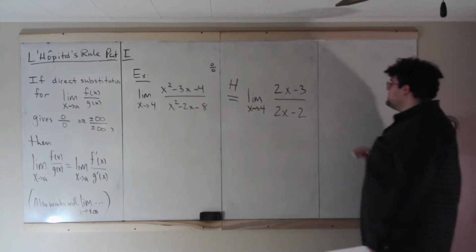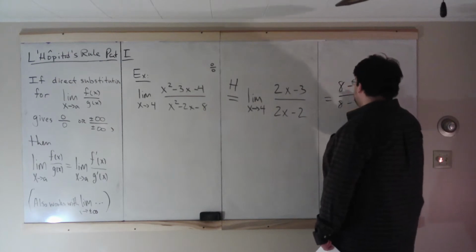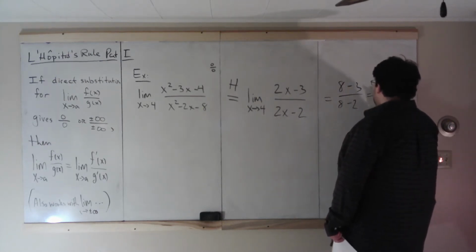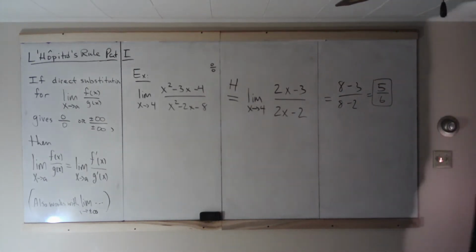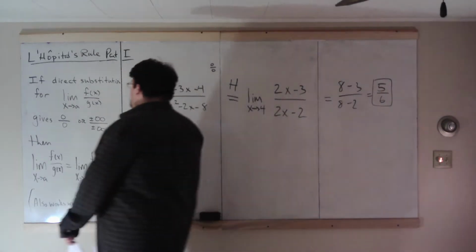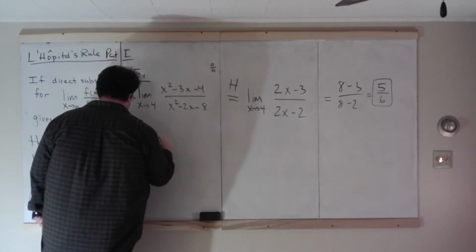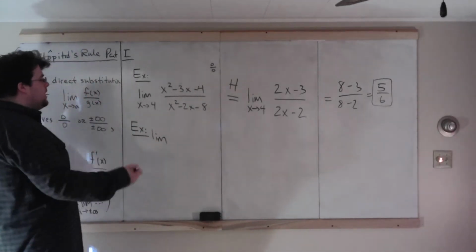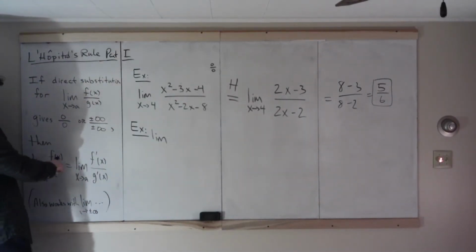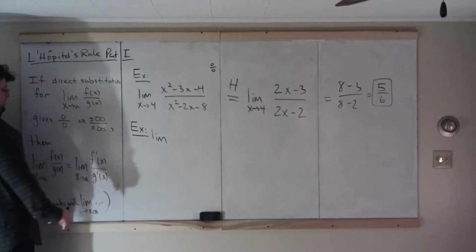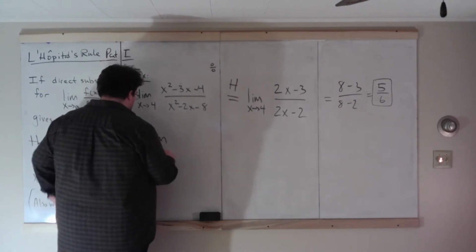Now if we take the limit, we get 8 minus 3 over 8 minus 2, which is 5 over 6. Notice in using L'Hopital's rule, we're not using the quotient rule. This doesn't say to take the derivative of the quotient. It says to take the derivative of the top and the derivative of the bottom, the quotient of the derivatives.